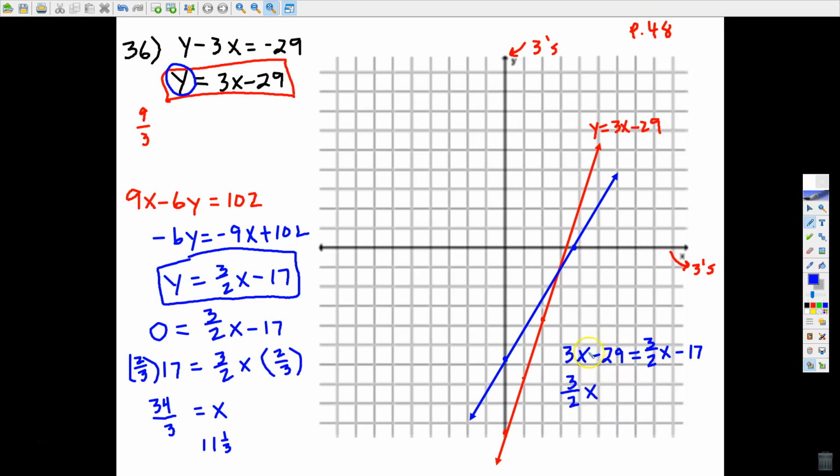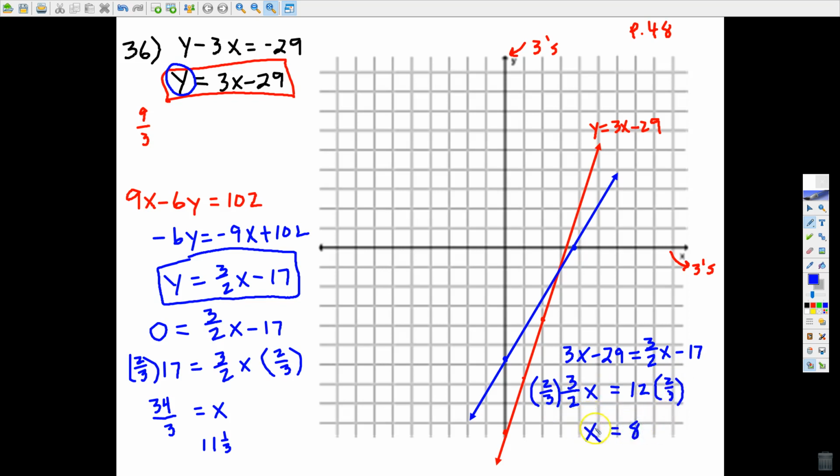And then we're going to need to add 29 to both sides, so hopefully you can see this without me showing the steps. Adding 29 to both sides gives me 12. Multiplying both sides by the inverse of 3/2, it's 2/3. That's going to give me x is equal to 24 thirds, which is 8.